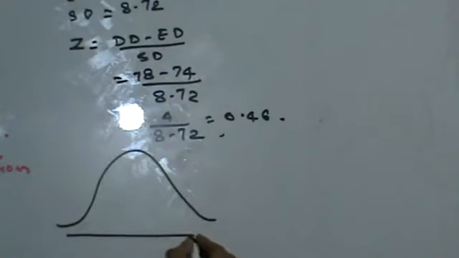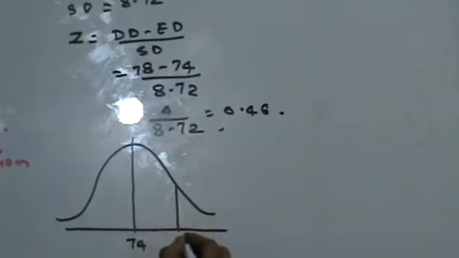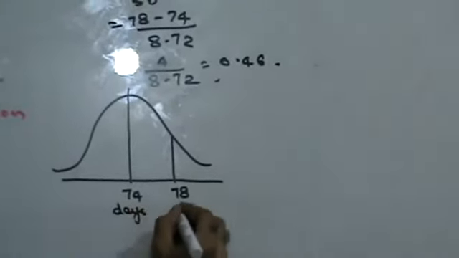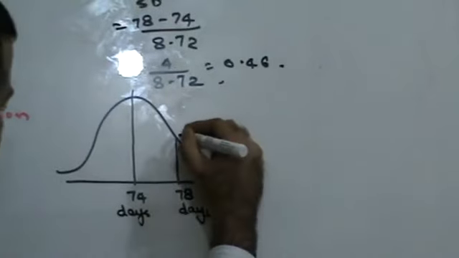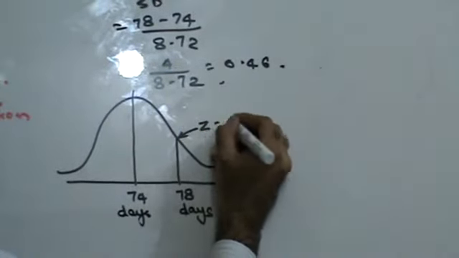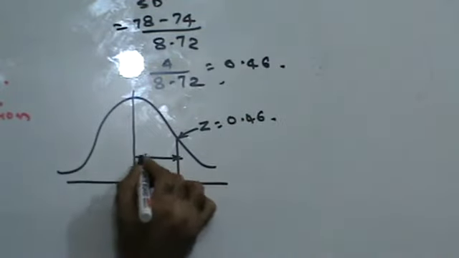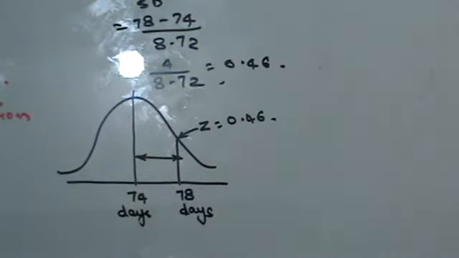Now find the table area for 0.46. I'll just show you how this will appear on a bell curve. This is my 74 days. This is 78 days, and the value of z here is 0.46. So let's find the area between the mean value and 0.46.